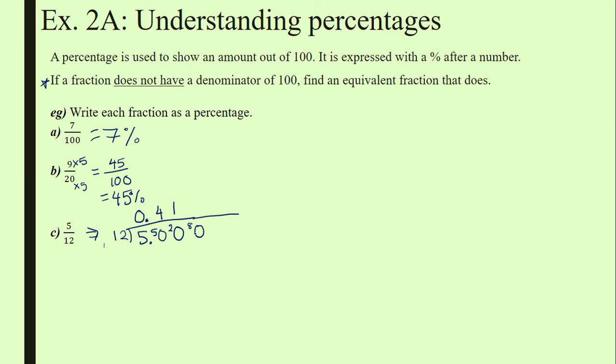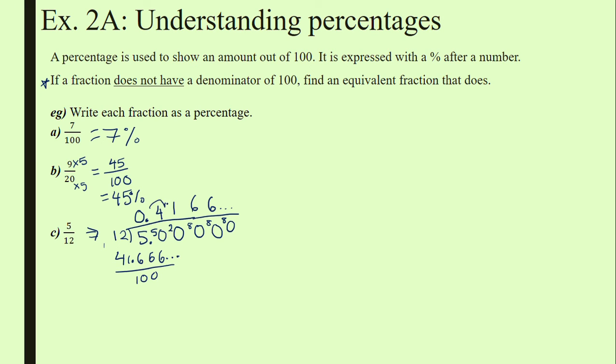We might need some more room soon. 80 divided by 12, okay, that one there is 6, remainder 8, 6, remainder 8, and we're going to start to see a pattern here, okay? So our answer for this one is 0.41666. Well, that's great. We could write that as 41.666 recurring, okay, over 100.